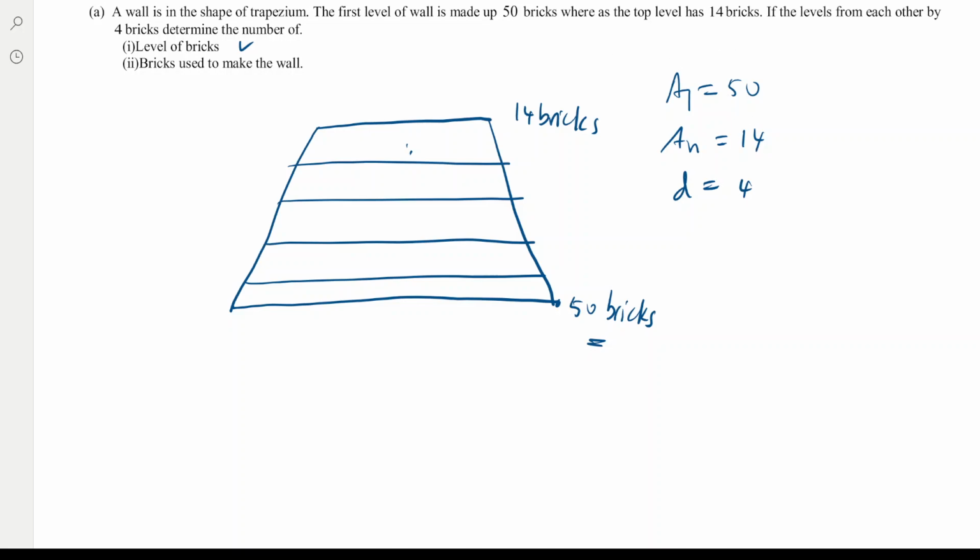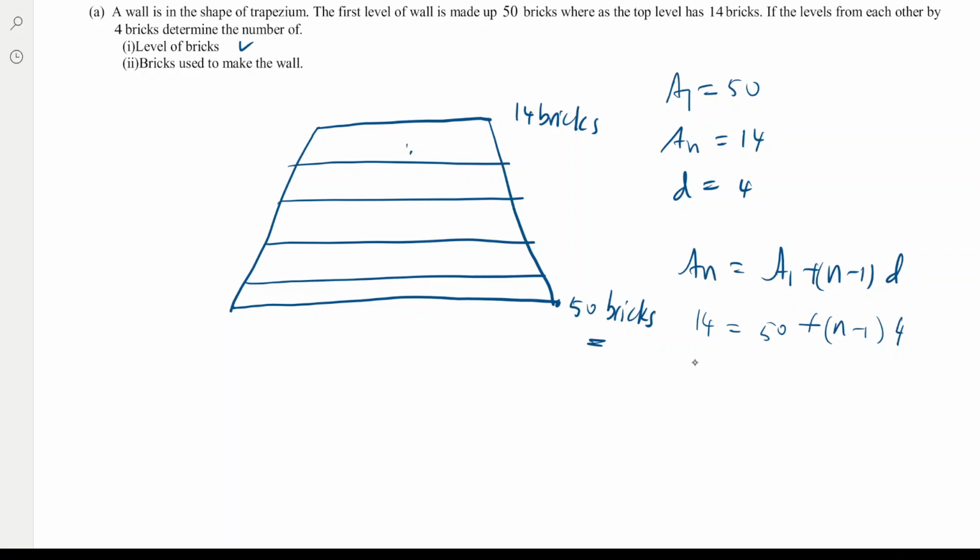We were told that the levels differ from each other by 4 bricks, so what is the number of levels? From this, we can use the formula An equals A1 plus n minus 1 multiplied by the common difference d. So An is 14, equals A1 50, plus n minus 1 multiplied by 4.